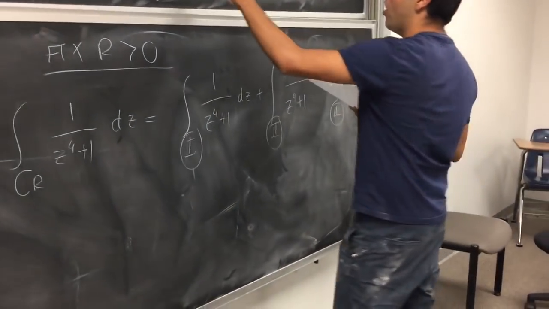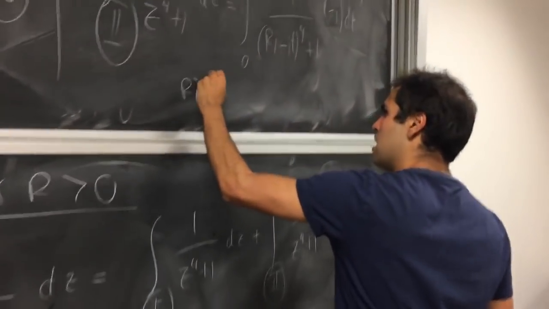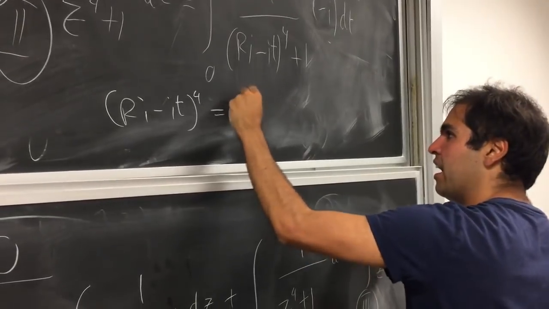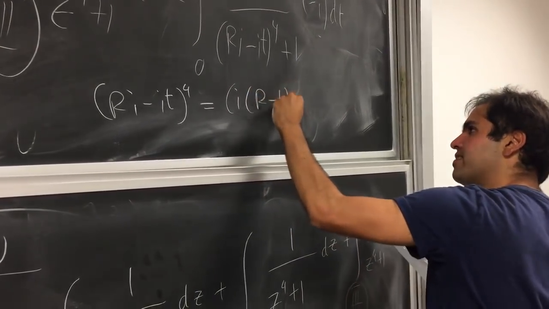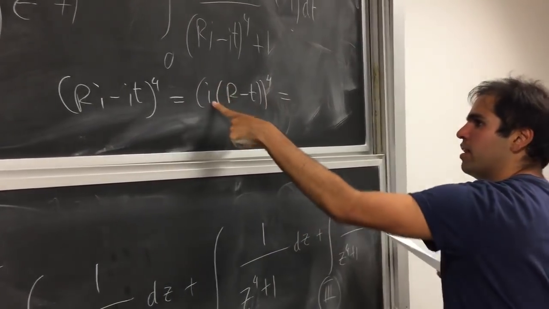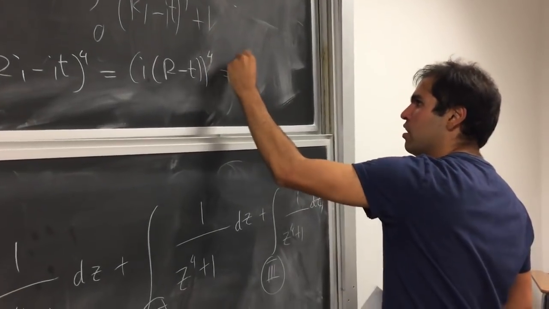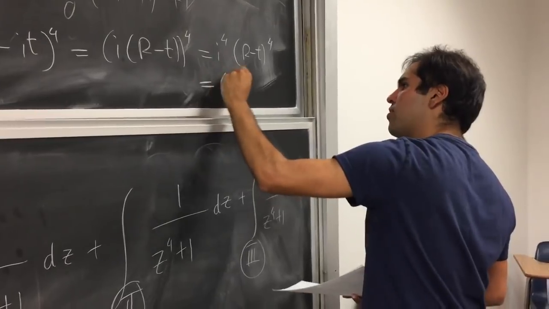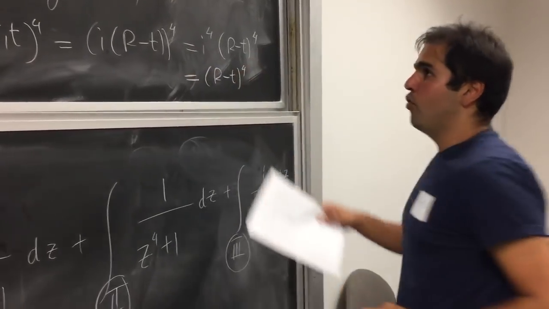First of all, from this (Ri minus it) to the 4th, you can factor out the i, so you get i to the 4th times (r minus t) to the 4th, which is (r minus t) to the 4th.